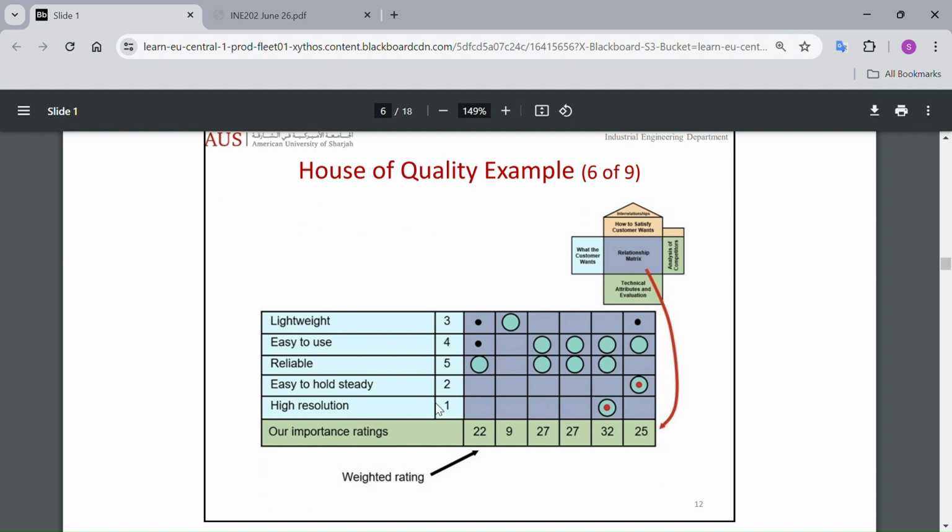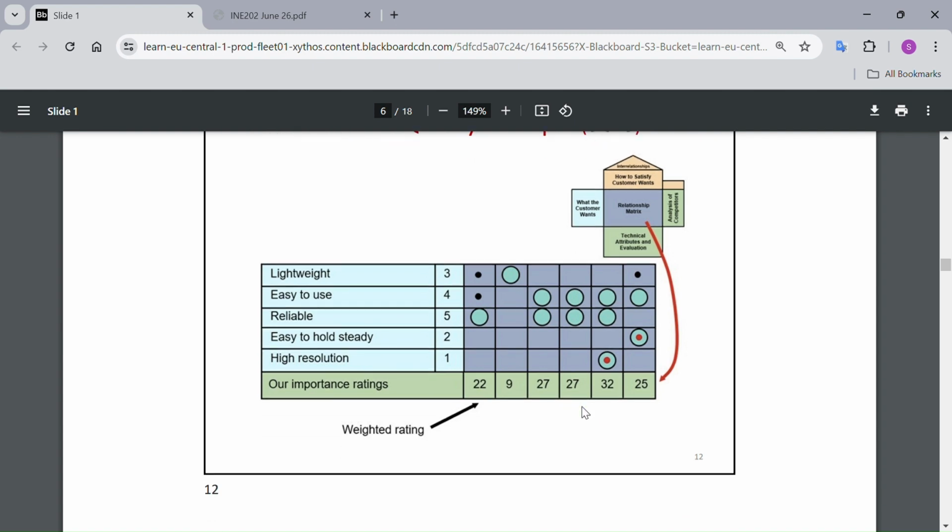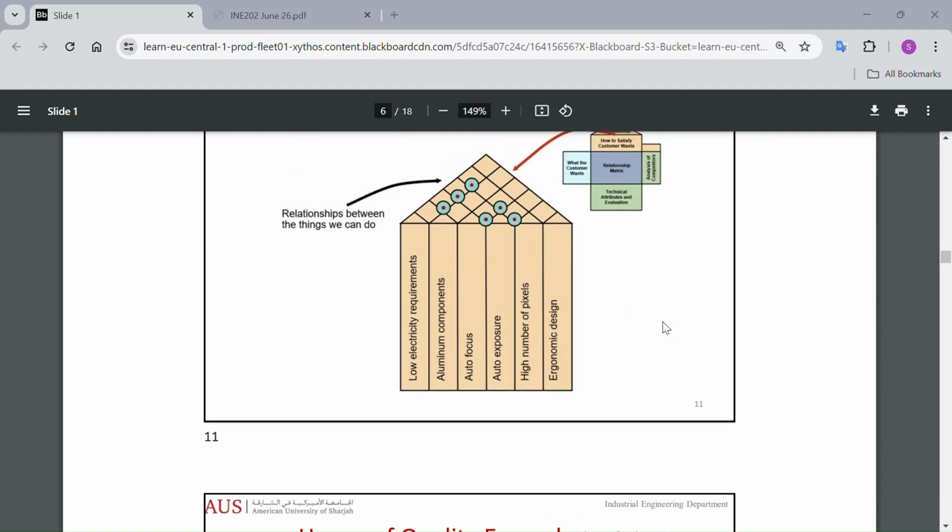Although it's highly correlated with high resolution, which was not very important, it's also medium correlated with reliability and ease of use, and that's why it got a big rating, because ease of use and reliability have a big importance to the customers, with a higher rating here.